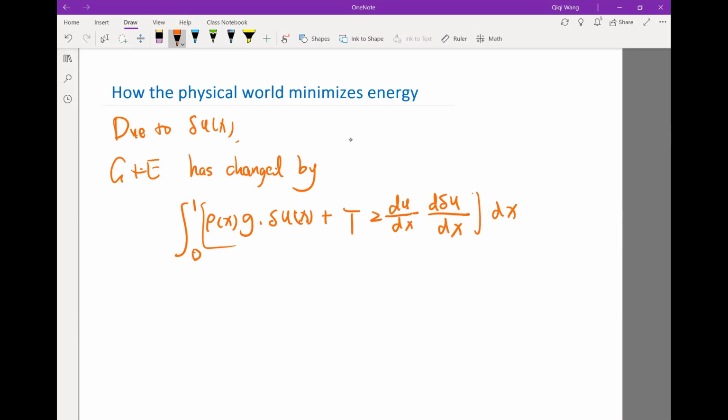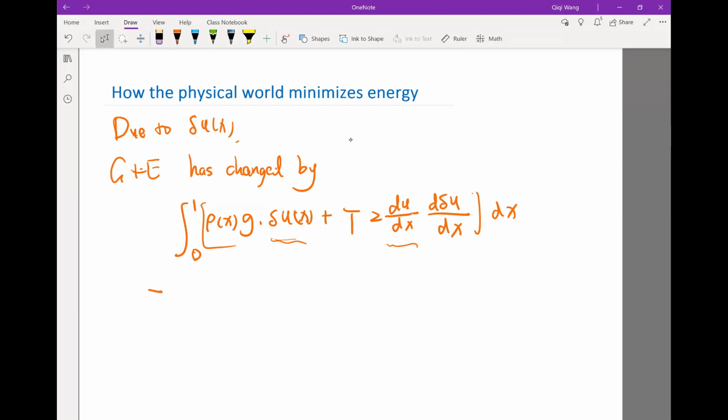Okay, so what function u, which appears here, would minimize g plus e, if you turn that into a minimization problem? The first order optimality condition ensures that no matter what small perturbation you make to the function, you would not further decrease the total energy, right? That's the optimality condition. So what kind of u would ensure that no matter what delta u is, you wouldn't decrease the total energy?